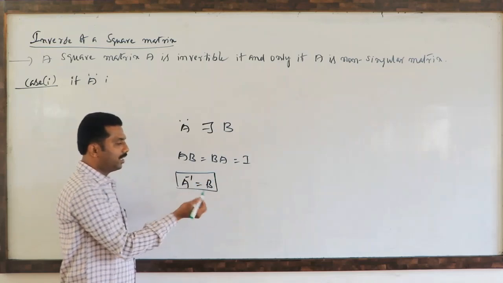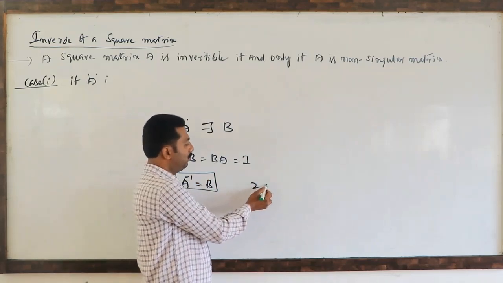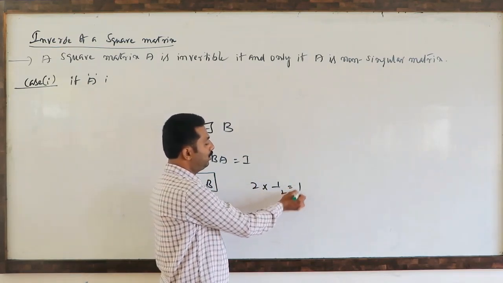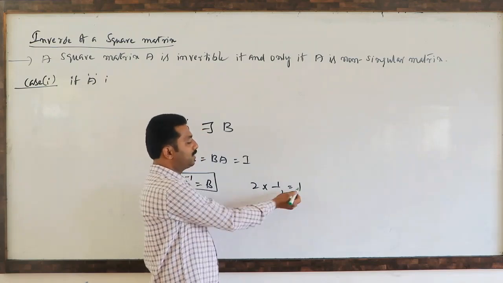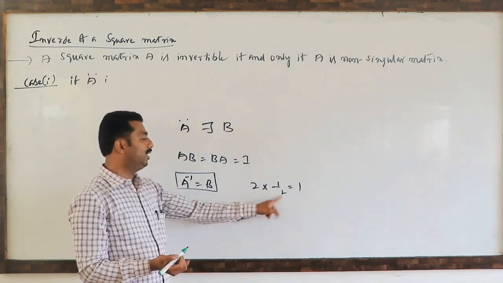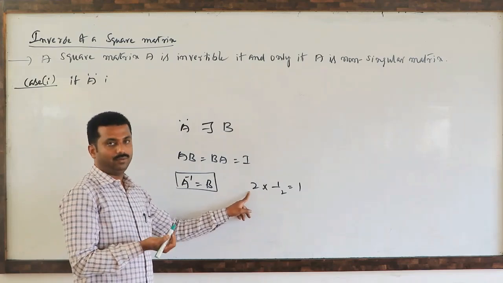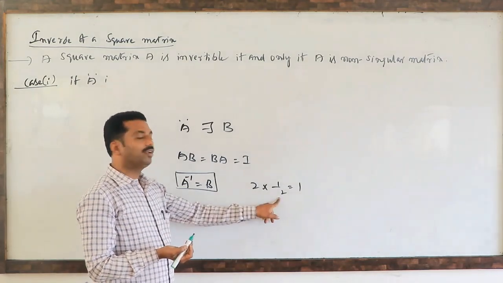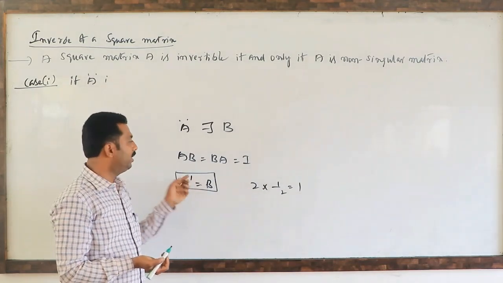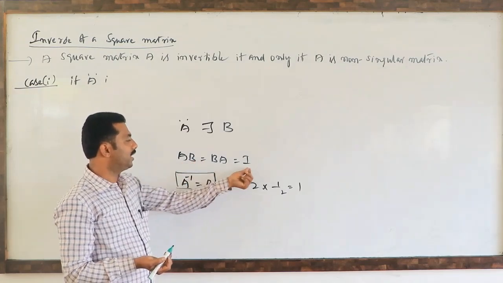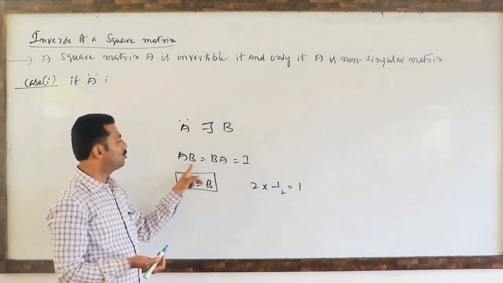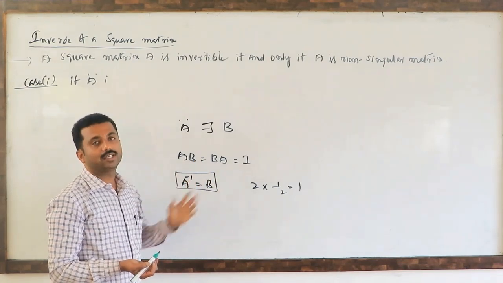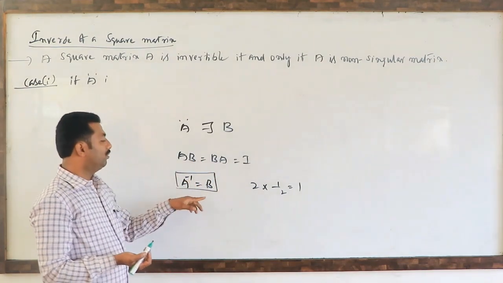So generally in our multiplication, 2 into 1 by 2 equal to 1. So 2 cancels, giving 1. So 1 by 2 is the multiplicative inverse of 2, or 2 is the multiplicative inverse of 1 by 2. Like that, if the product of any two matrices is the identity matrix, these two matrices are inverses of each other. Not only A, B also.